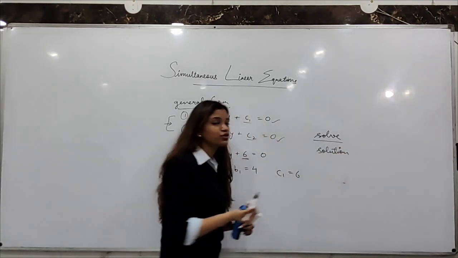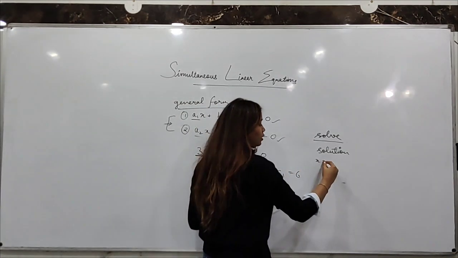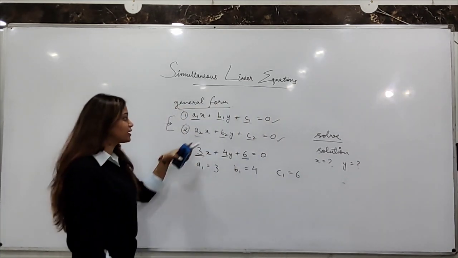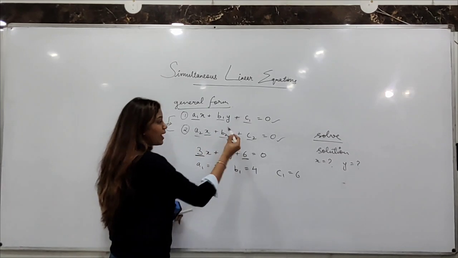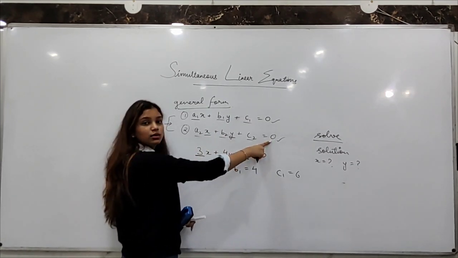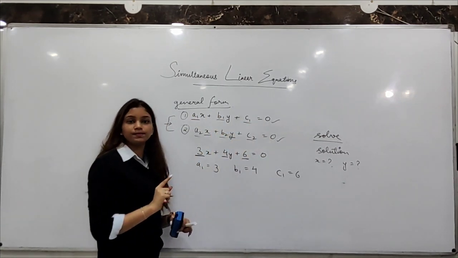And finding a solution of two given linear equation means that you have to find out that value of x and y which will satisfy both these equations. Which means अगर आपने वो x और y की वैल्यू सेकेंड इक्वेशन में डाली और पूरा सॉल्व किया तो भी आंसर 0 आएगा, और फर्स्ट इक्वेशन में डाली पूरा सॉल्व किया वो भी 0 आएगा.